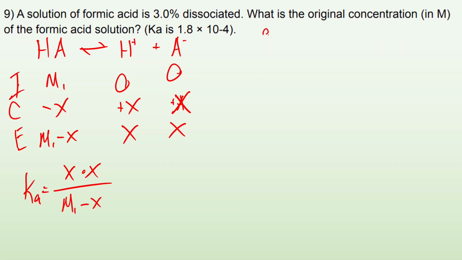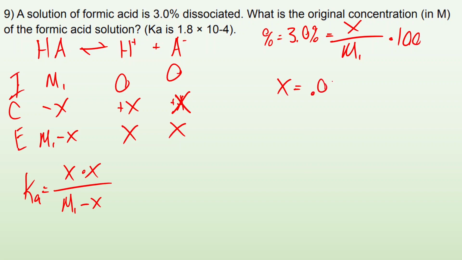Now they told me also that the percent dissociated equals 3.0%, and that's however much dissociated, X, divided by the original amount times 100. If I rearrange and solve for X, I get X equals 0.03 times M1. How much dissociated?